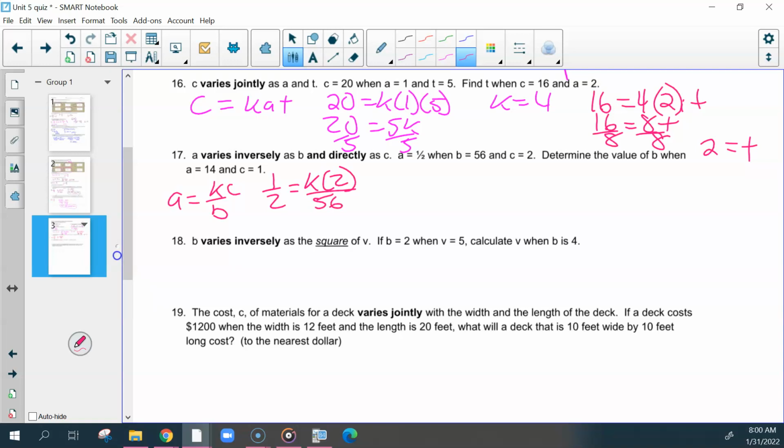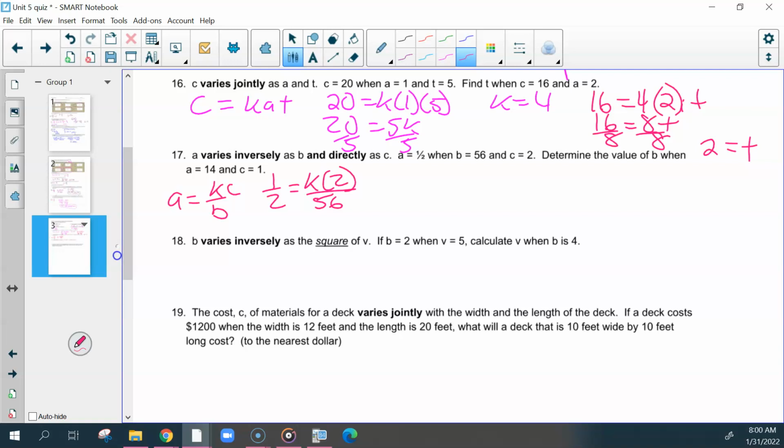From here, there are different ways you could start this. You could get rid of 56 by multiplying it to both sides. You could simplify 2 and 56 and then deal with that number.